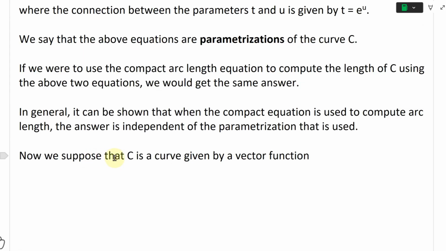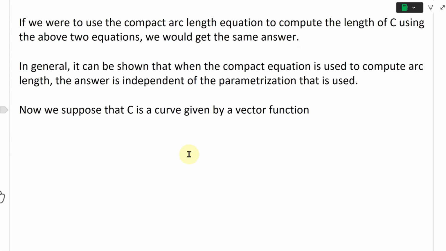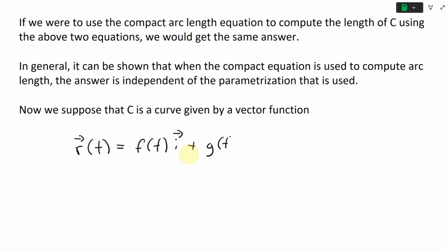Now suppose that C is a curve given by a vector function, the basic one, r of t equals f of t i plus g of t j plus h of t k, where t is between a and b.